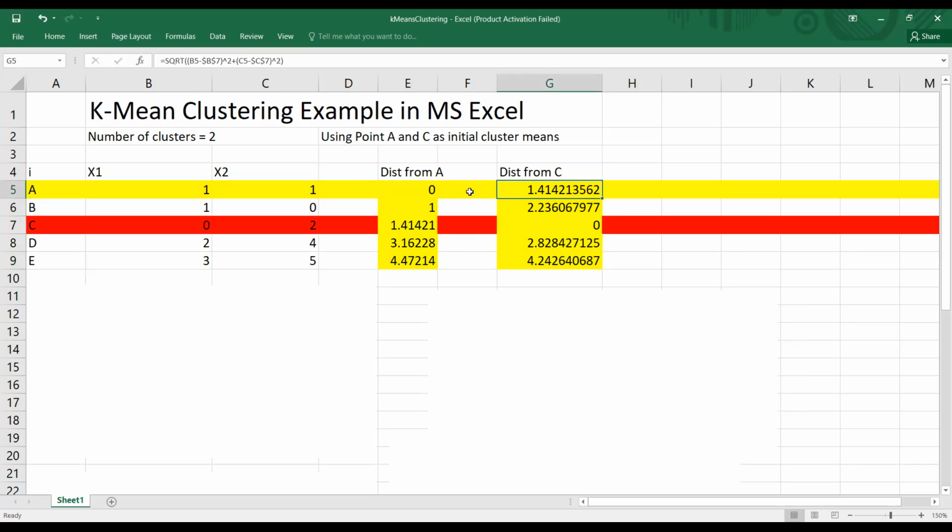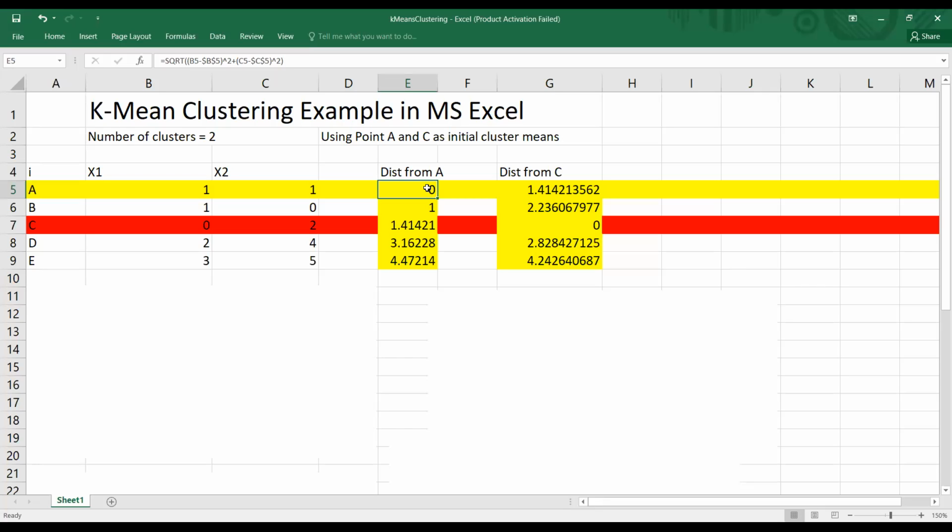Now, out of these two distances, this is the smallest distance. It means I have to allocate this point to the cluster number. Point A is allocated to cluster number 1 because the distance is smallest.